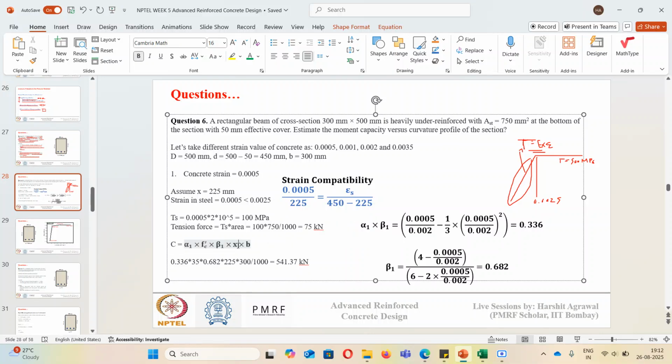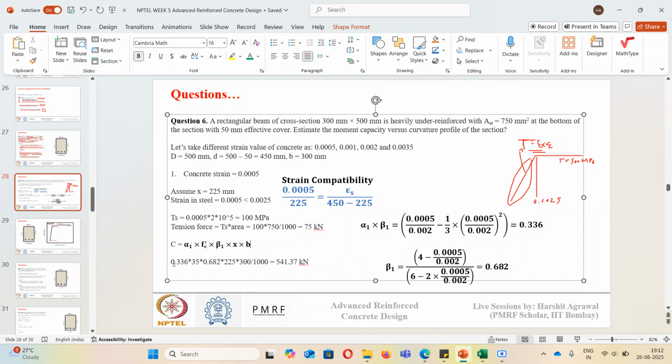If you increase the value of x, what will happen? Alpha 1 and beta 1 are the same, b is not changing, fc dash is not changing. So if I increase x, C will increase, but we don't want C to increase, we want it to decrease, and we want the tensile force to increase. This is how we can guess what next value to assume.